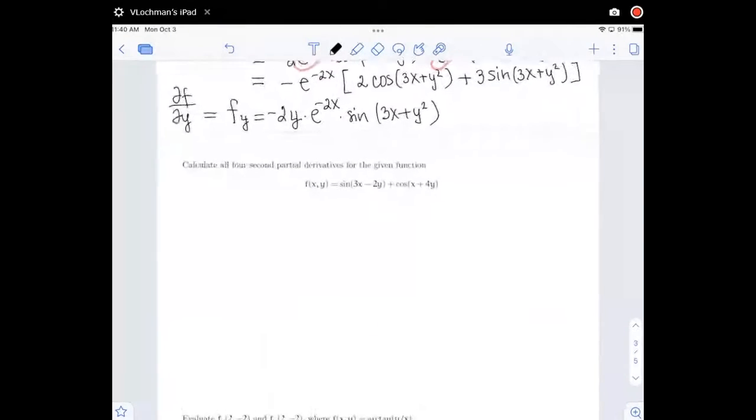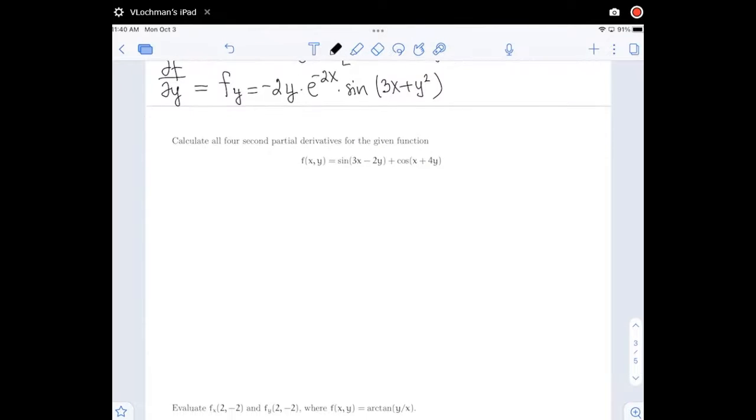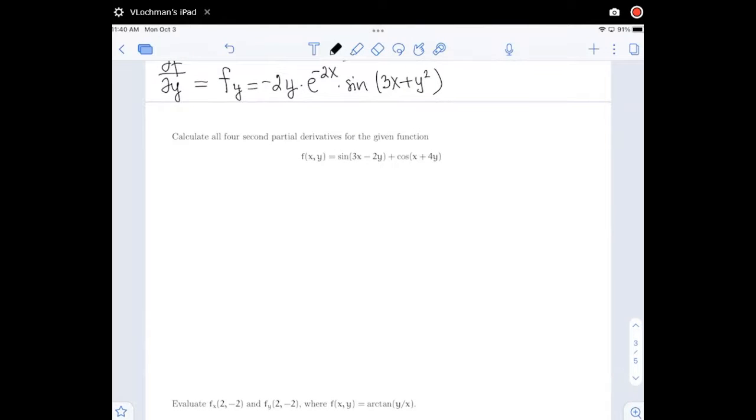Now we're going to compute second partial derivatives. Okay, what are we doing here? First, let's talk about notation. So second partial derivative with respect to x, d squared f dx squared. Okay, that's the notation. Or we can do f subscript xx.